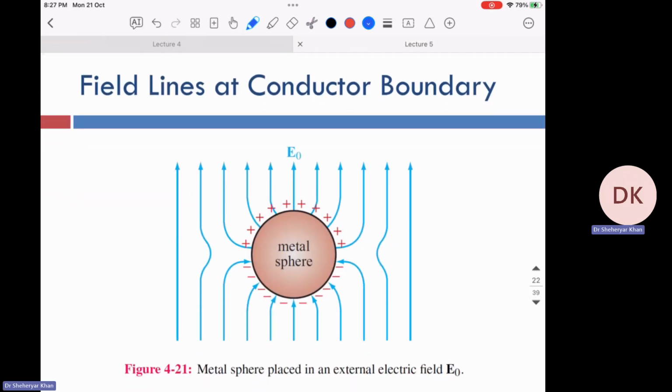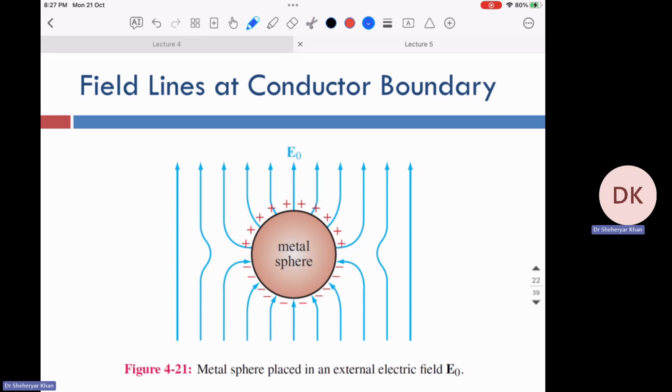Now, that's the same thing that I was talking to you about, that if you have a metal sphere, right, and if you have some external field, it will produce some polarization, and some part will get positive, some get negative, and then they are getting separated, but inside there's no field.